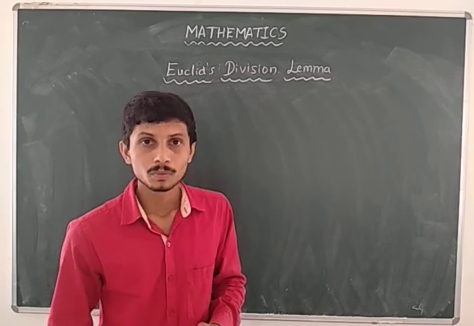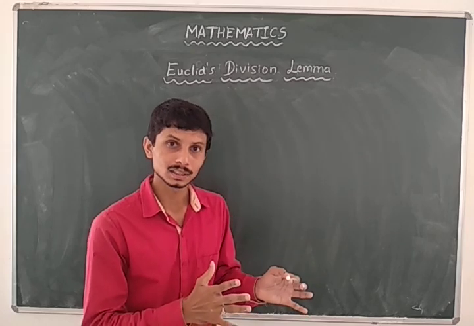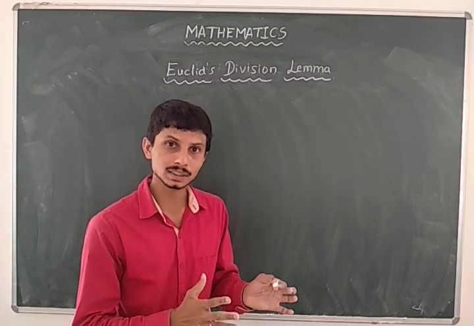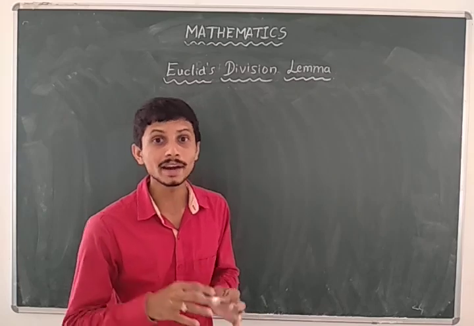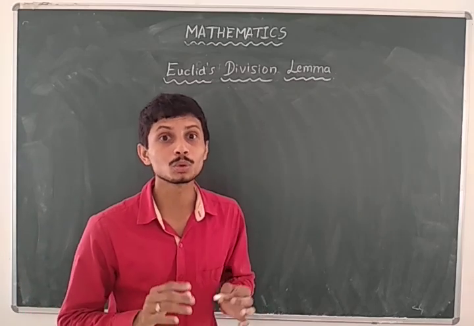From Euclid's division lemma we have to show that every positive even integer is of the form 2q and every positive odd integer is of the form 2q plus 1.